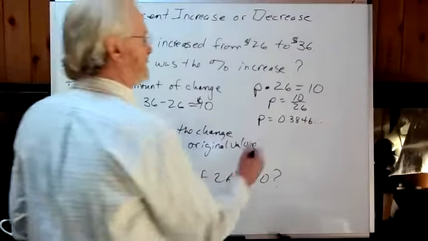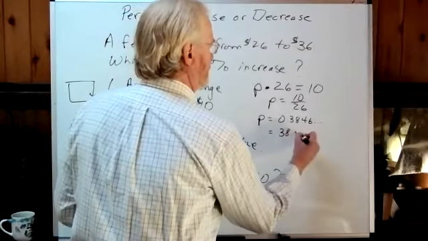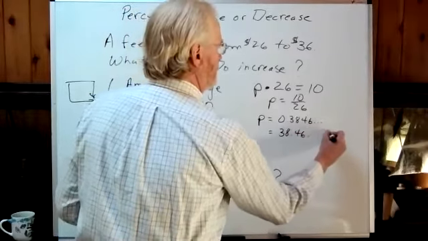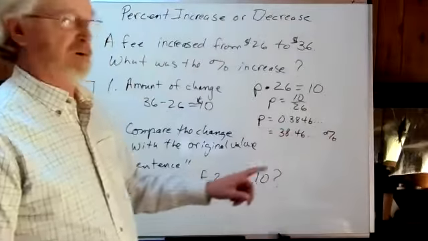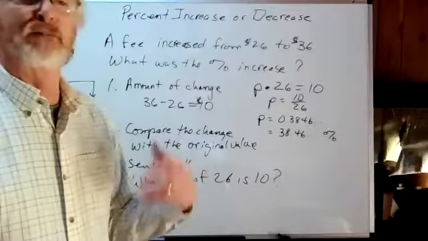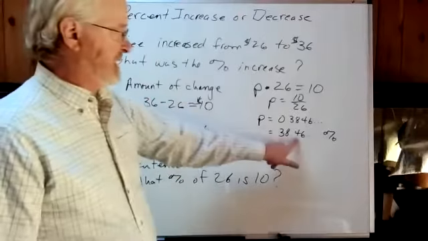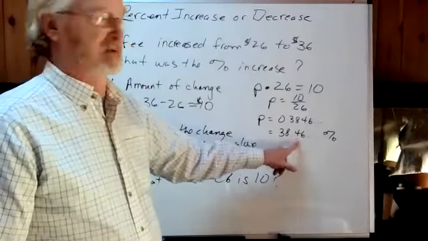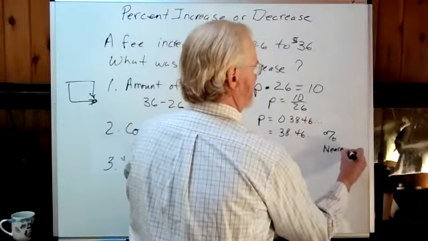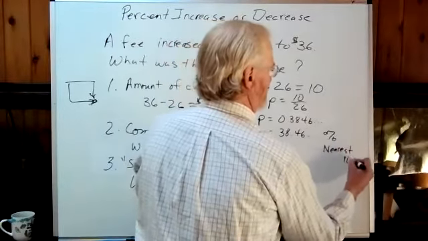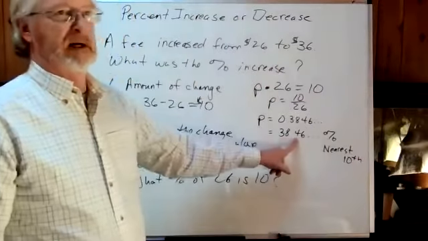So I'm going to move it over. And if I was going to round my percentage to the nearest tenth of a percent, that's the first decimal place, right? Nearest tenth. You want that in your notes. Nearest tenth. So I'm rounding to the first place.